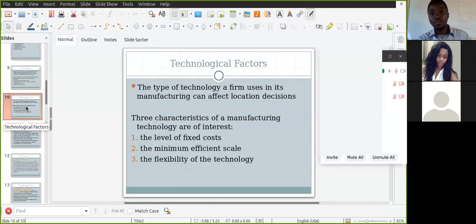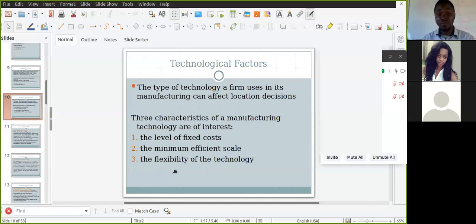The type of technology a firm uses in its manufacturing can affect location decisions. Three characteristics of manufacturing technology are of interest: the level of fixed costs, the machinery and the buildings that you're going to be using; the minimum efficient scale. Are you having a higher efficient scale? When you're having a high efficient scale, meaning you're not working well with your raw materials.